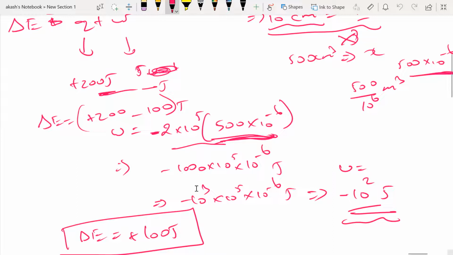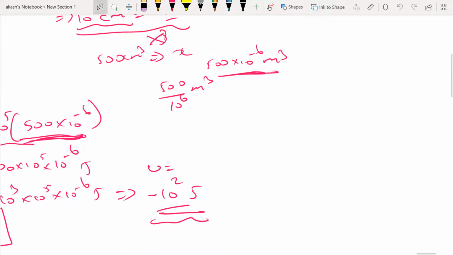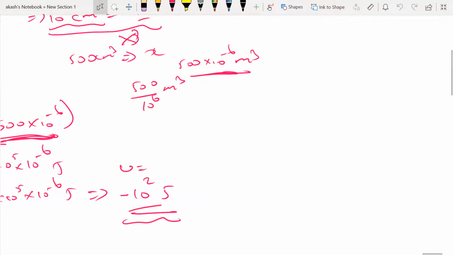Fine. Next question. 1 mole of an ideal gas underwent an isothermal reversible expansion from 1 liter to 10 liters.